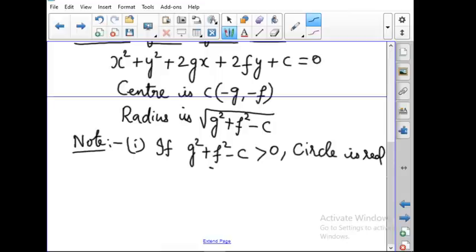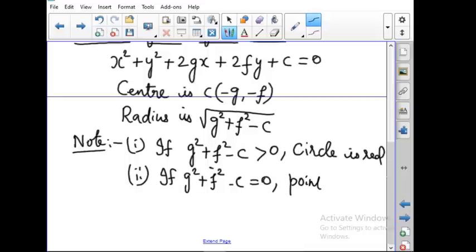Second condition: if g square plus f square minus c is equal to 0, then it represents a point circle.